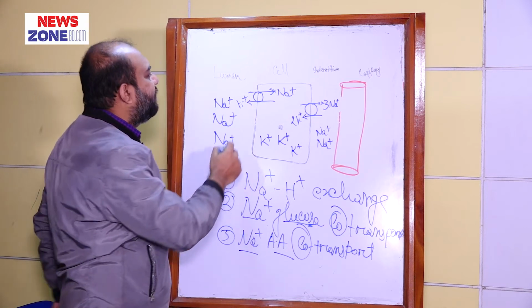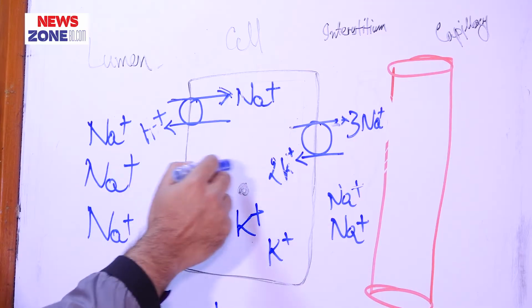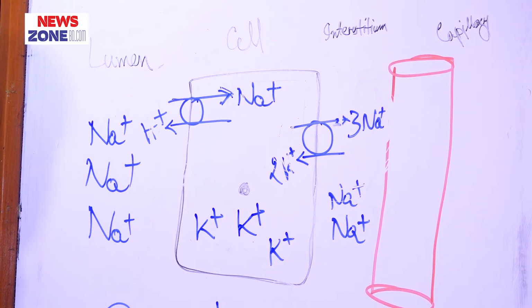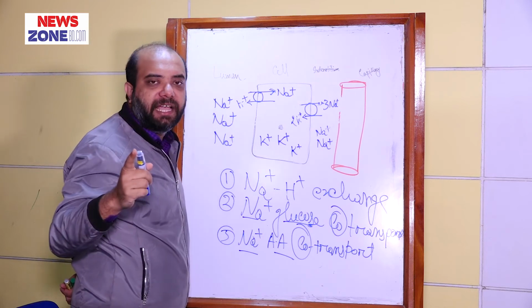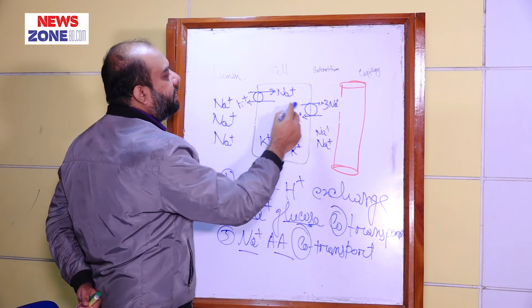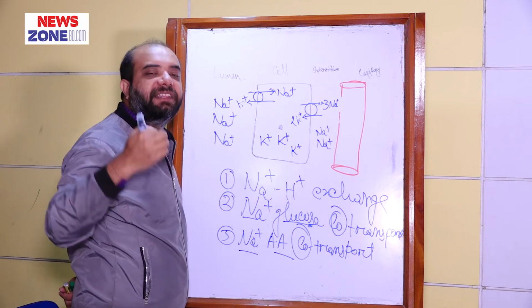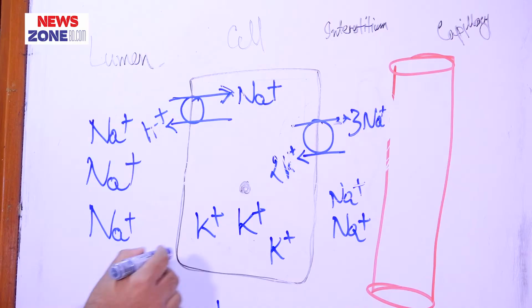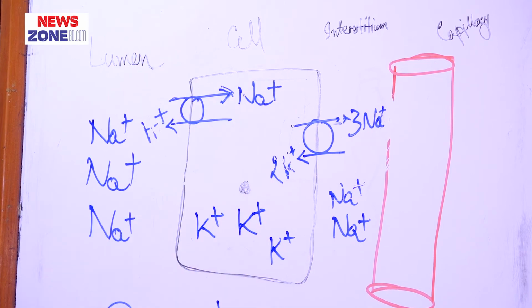That means the driving force of hydrogen ion movement will be achieved from this primary active transport in the basolateral surface of renal tubular epithelial cells. So by this primary active transport system, the main concentration gradient will be developed, and this main concentration gradient will help the secretion of hydrogen ion from the luminal surface.